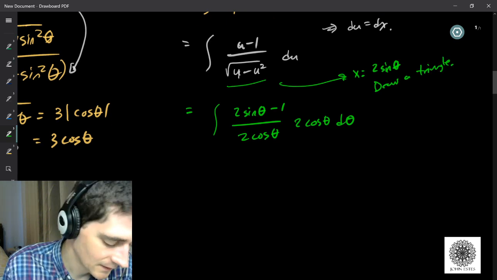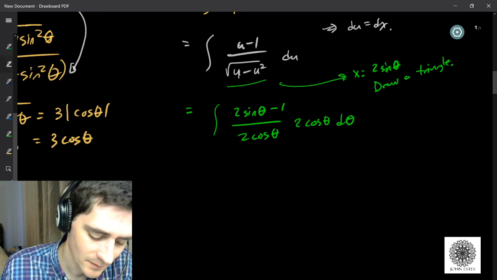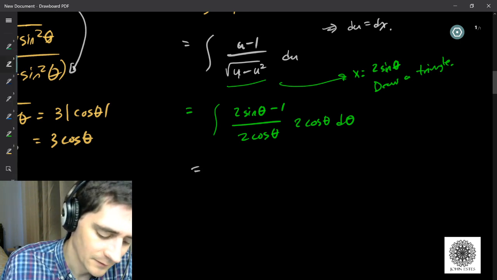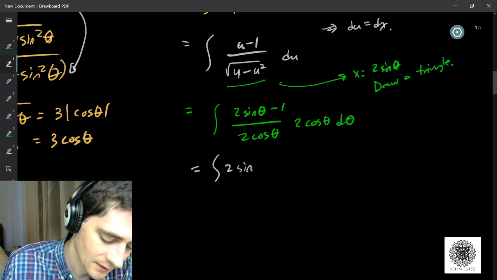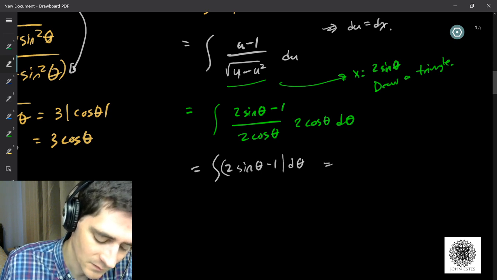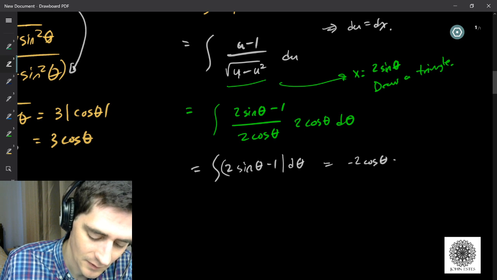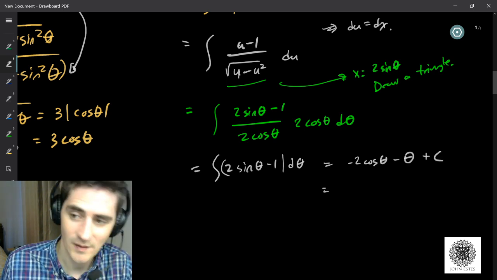All right, now finally, my cosines cancel out, and I'm just integrating 2 sine theta minus 1 d theta. So that's going to give me negative 2 cosine theta, minus theta, plus c. And now I have to work backwards.